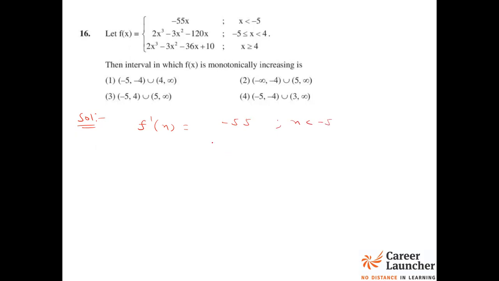The derivative for this will become 6x square minus 6x minus 120 in the interval minus 5 less than x less than 4. And in this interval, it will be 6x square minus 6x minus 36, when x is greater than or equal to 4.